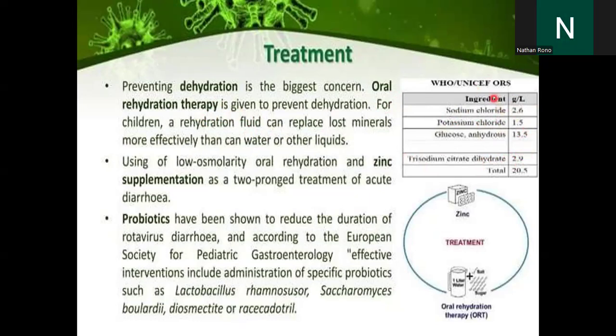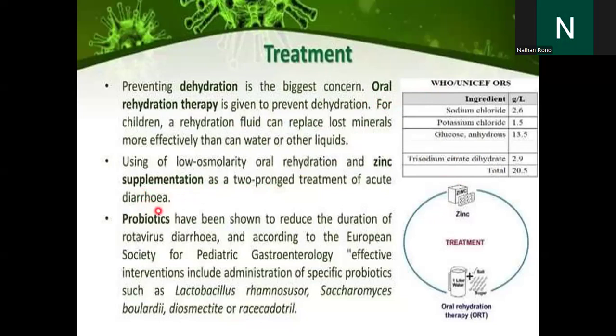So we usually give rehydration therapy and zinc supplementation for acute diarrhea. This one you have to remember. It is very relevant in virology, and also in clinical practice. When you start your pediatric rotation next year, you're going to see that patients who have acute diarrhea, we usually give them oral rehydration therapy and zinc supplementation.